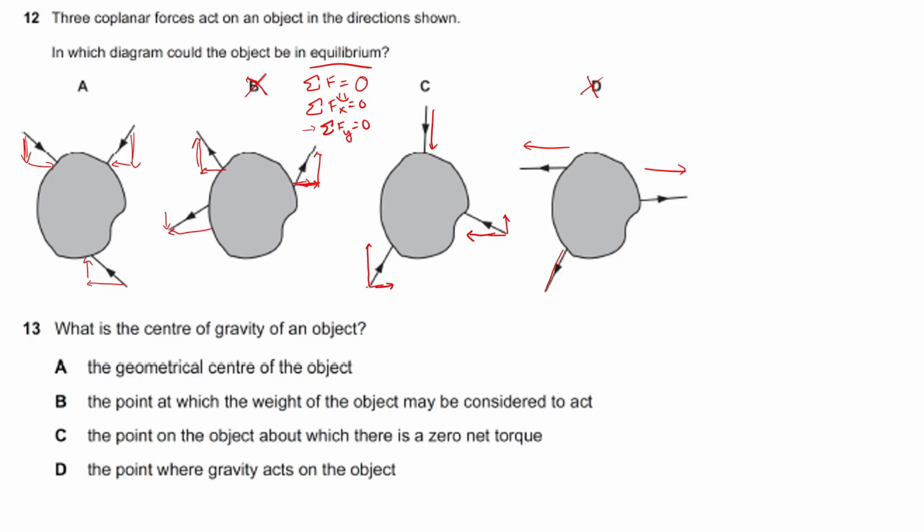The problem is, I think, that there's too much vertical force happening, because you can see that these two are roughly equal magnitude as well as this upward force, so not necessarily A. So then we're left with C.